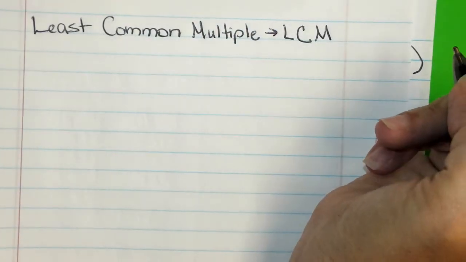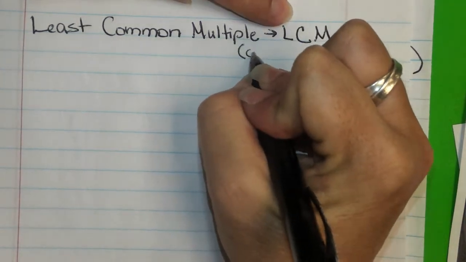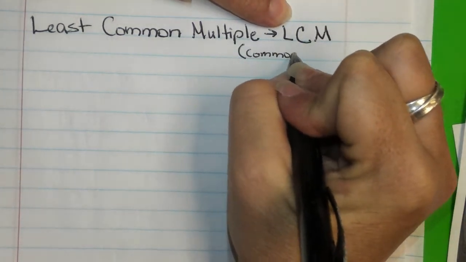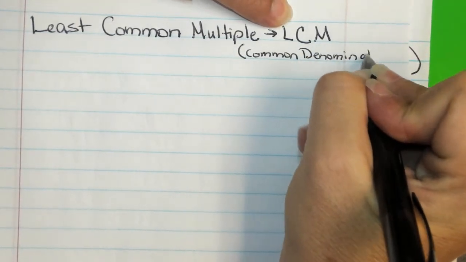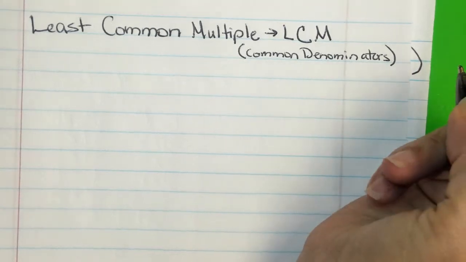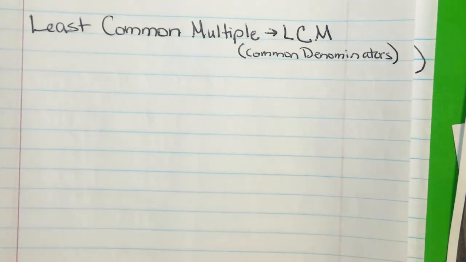Okay. You will use LCM when finding common denominators. So when we're trying to add and subtract fractions, we're trying to find those common denominators. That is what this is for. That's what this is used for.